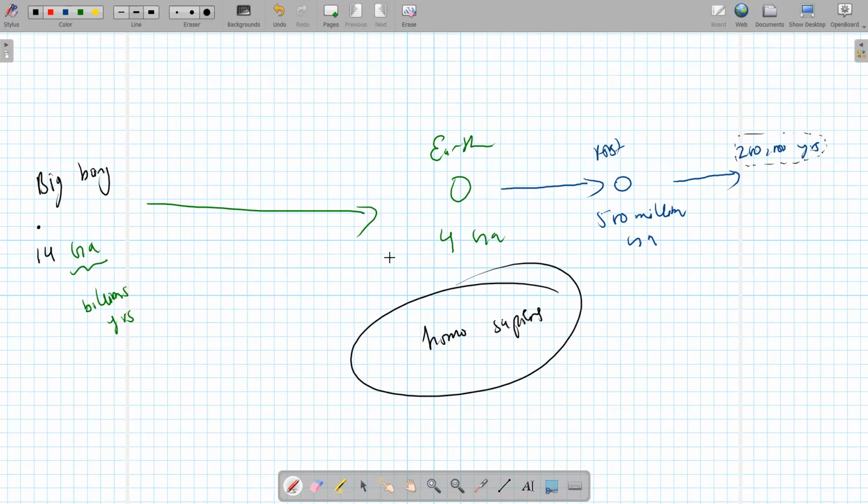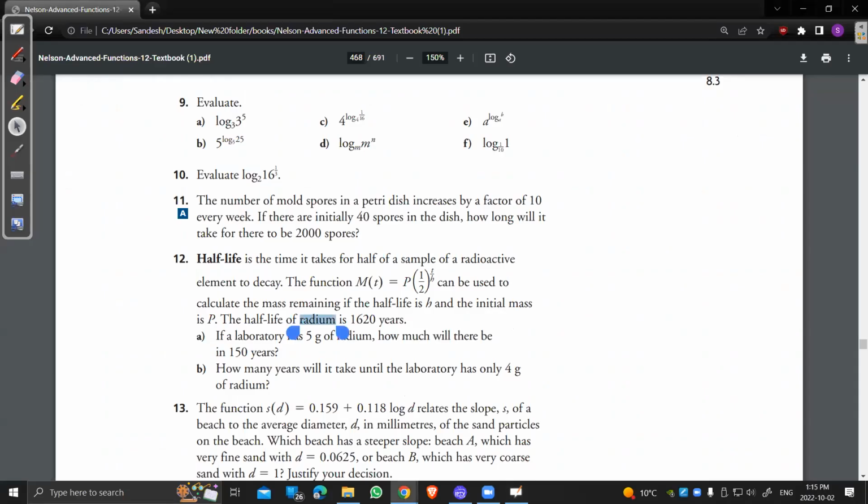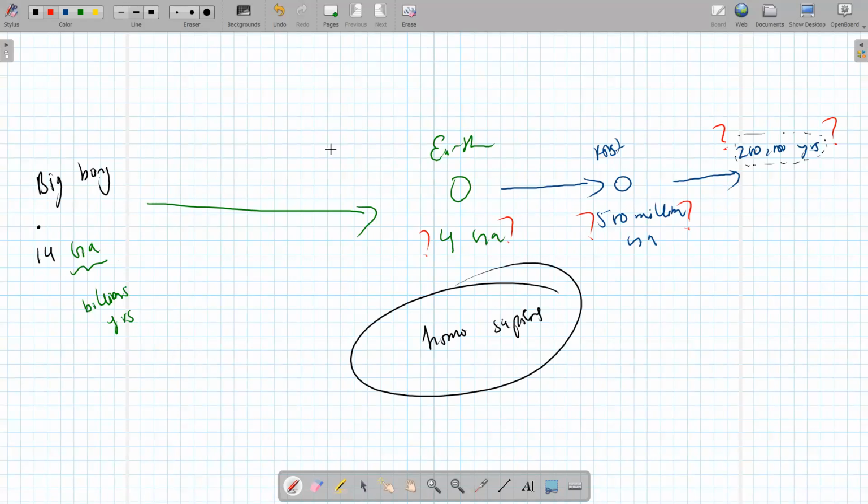Now, what's the point of all this? The point is: how do we know this? How could we possibly know these numbers? That comes from doing something like this. Let's say we found a block of radium. We know its half-life, and we can decipher how big that chunk was using technology.